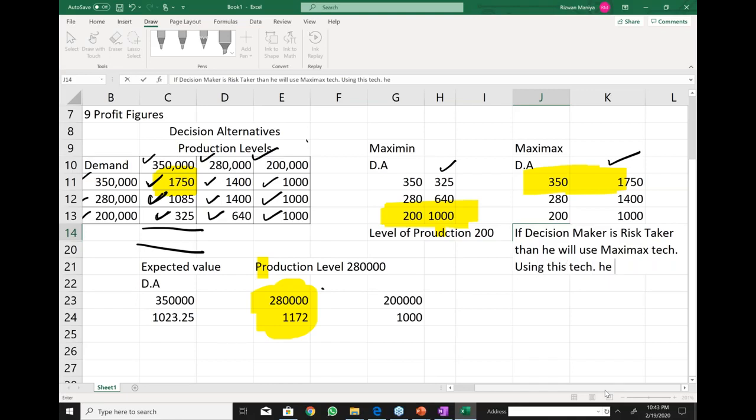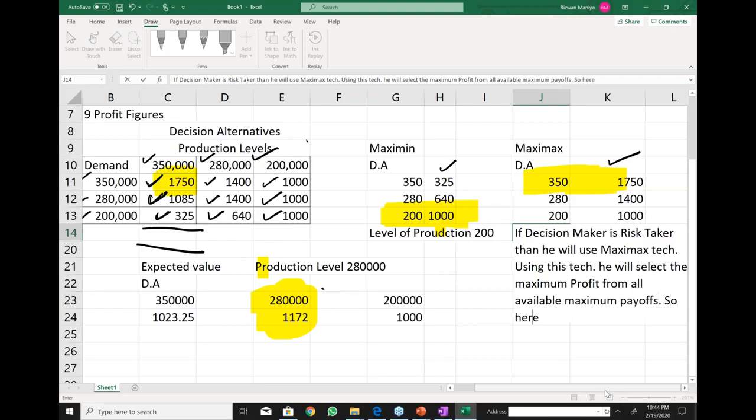he will select the maximum profit from all available maximum payoffs. Do you know this? Yes, you should know this. Payoffs.